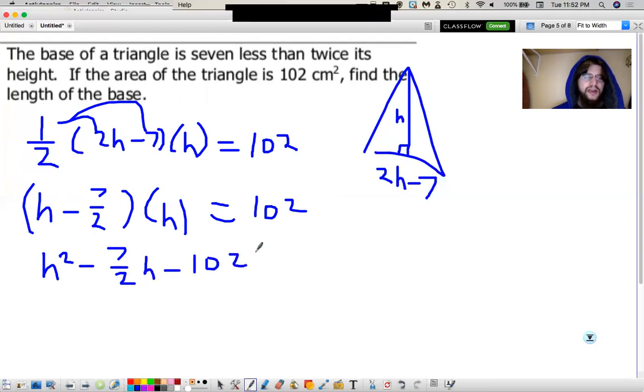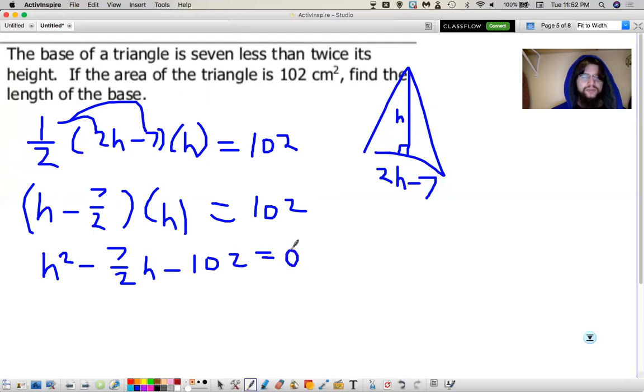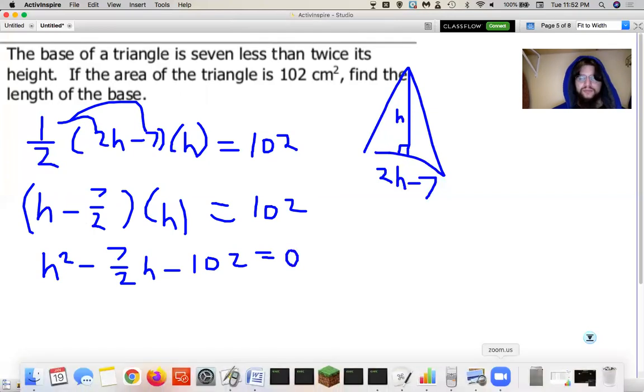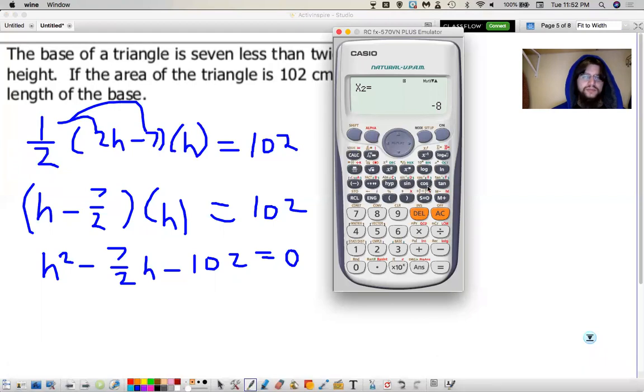And I got it in standard form. So 1, negative 7 halves. Don't forget your signs. Those are very important. And negative 102. I get 12 and negative 17 halves.